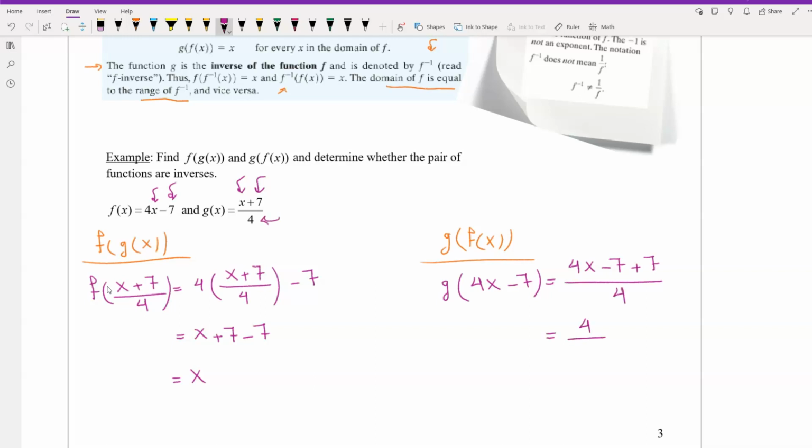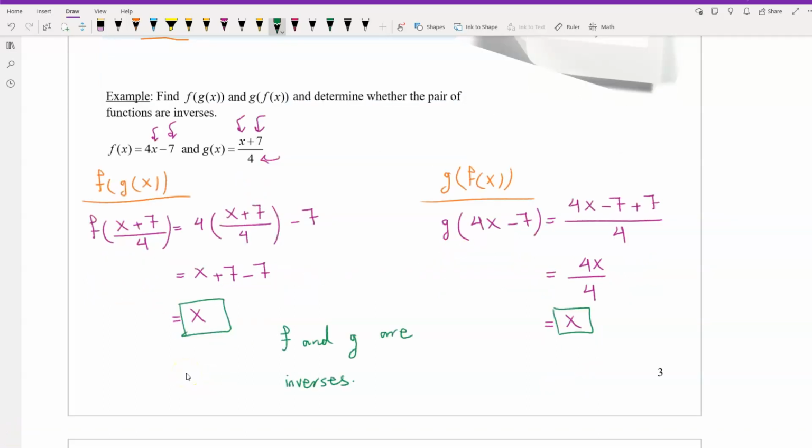This is 4x divided by 4, and that is equal to x. So here we have the same result, and that is x. And our question was whether the pair of functions are inverses. Because of having the same result x, that means our functions are inverses. So f is the inverse of g and g is the inverse of f.